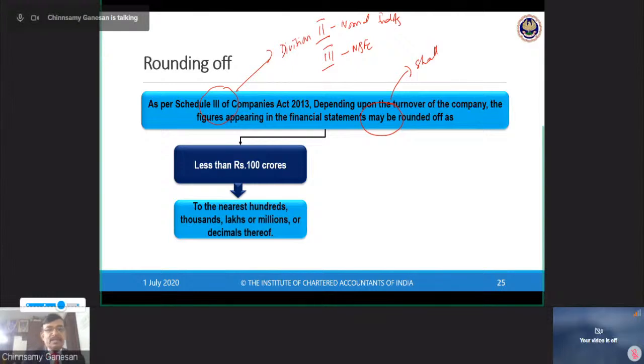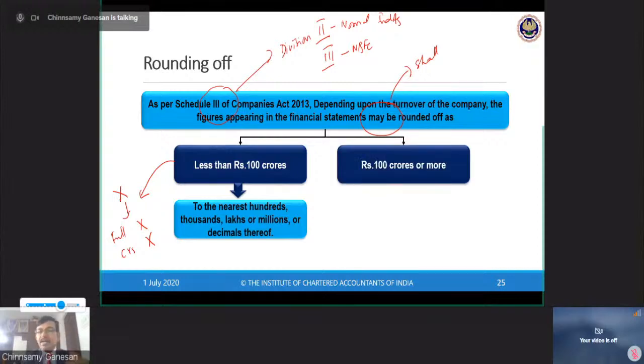What is not there? Here only 2 items are not there. One is full figures, and crores is not there, right? When your turnover is less than 100 crore, you are not permitted to give full figures, and you are not permitted to give in crores. Rounding off cannot be done in crores.